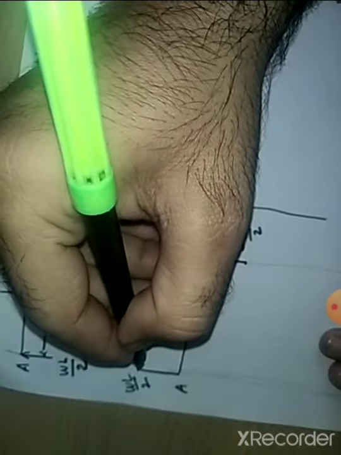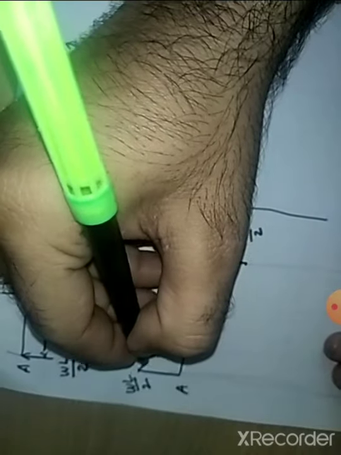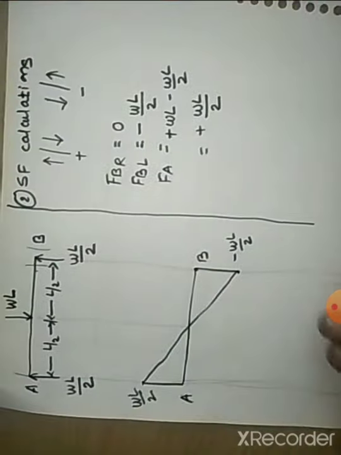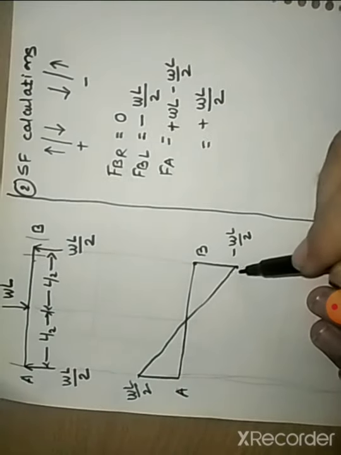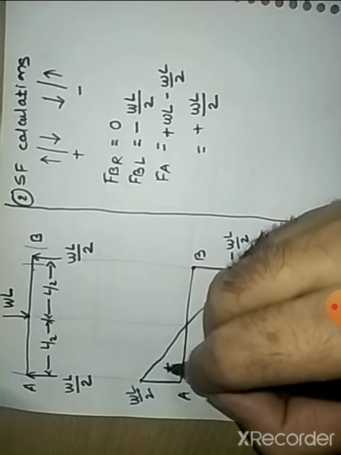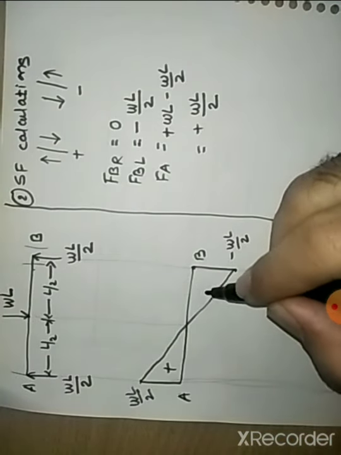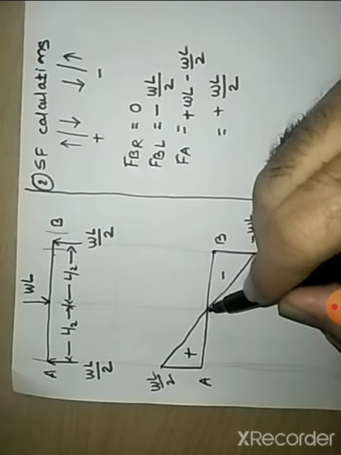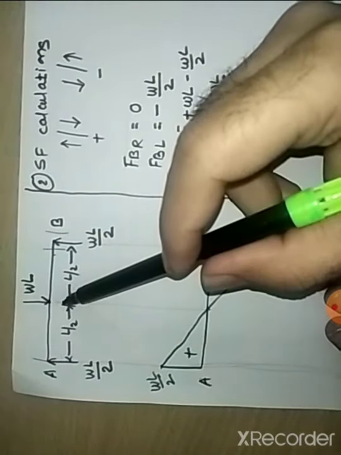So it comes like this. As it is a UDL, it will go like this. Half of the part is positive and half of the part is negative. So this point comes exactly at L by 2.